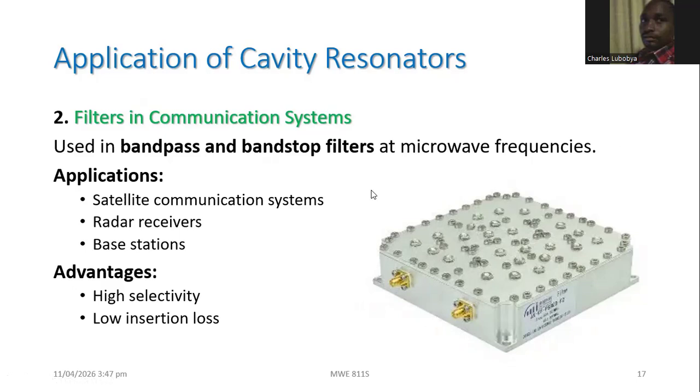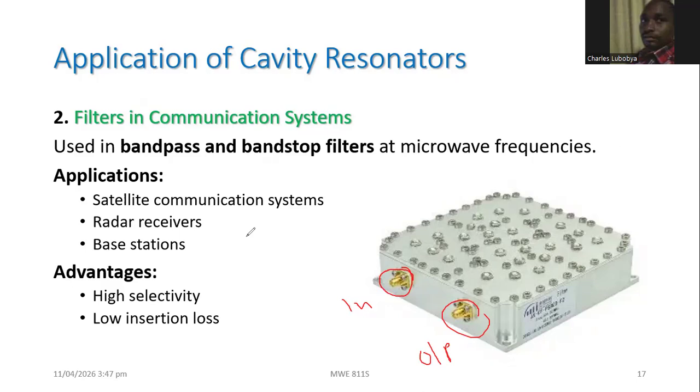What you notice from this diagram is a lot of openings in this rectangular waveguide, and some slots have been opened there. This could be the input, and that could be the output. By putting in these slots, or cavity opening holes, you are creating either a bandpass filter or a low pass filter, as the case may be.